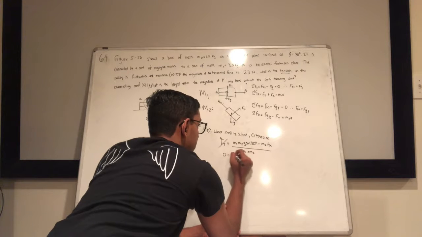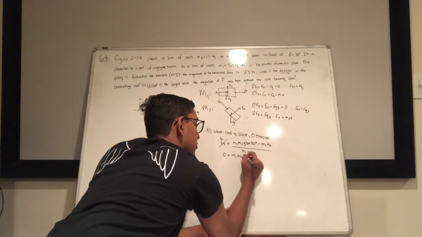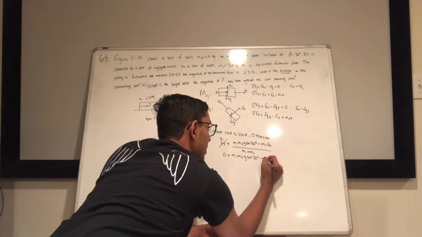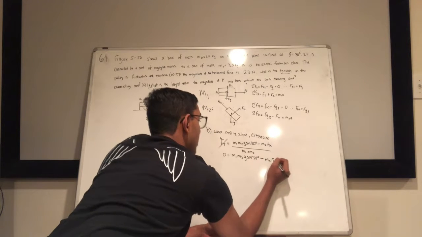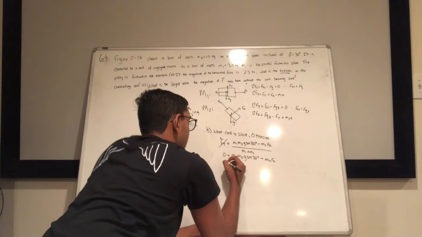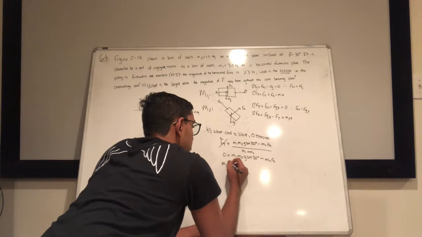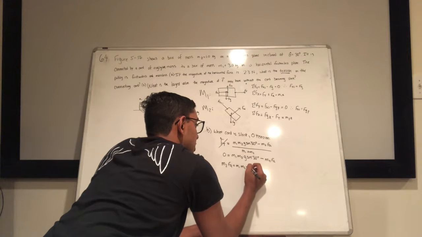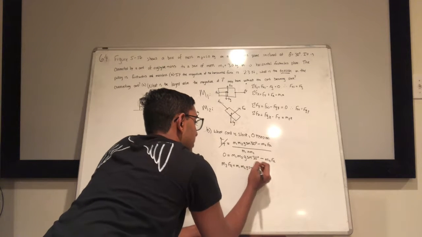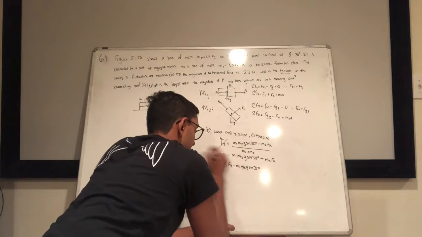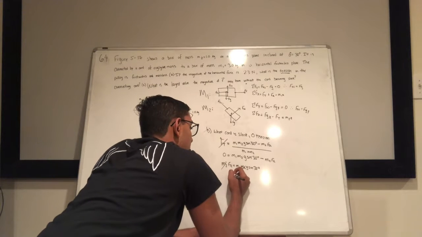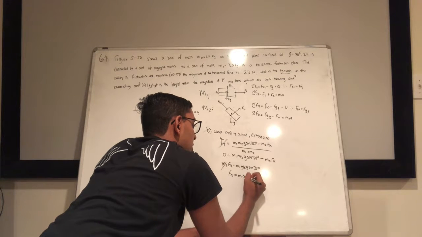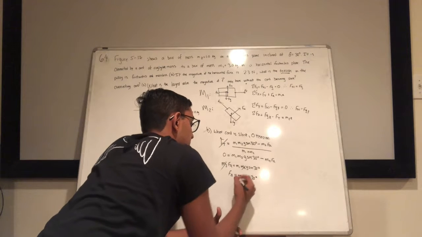So I have 0 is equal to M1 M2 G sine 30 degrees minus M2 Fa. Now let's take the force applied term to the left side. M2 Fa is equal to M1 M2 G sine 30 degrees. Now let's cancel out the two M2 terms, and Fa is equal to M1 G sine 30 degrees.